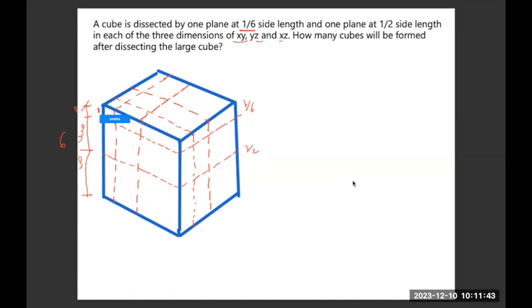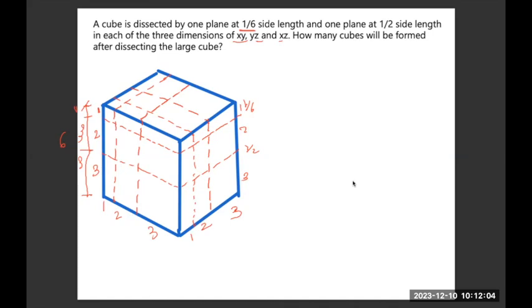So this will be 1 unit, this will be 2 units, and this will be 3 units. Likewise, on the other sides also 1 unit, 2 units, 3 units. This will be roughly the kind of dimensions which will be formed.